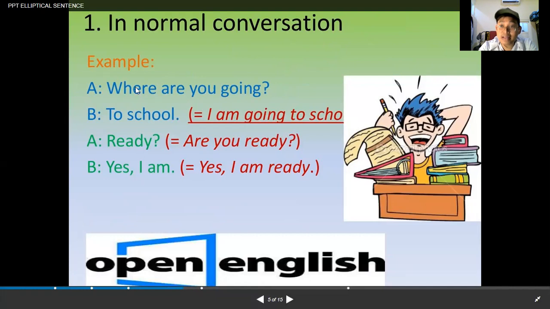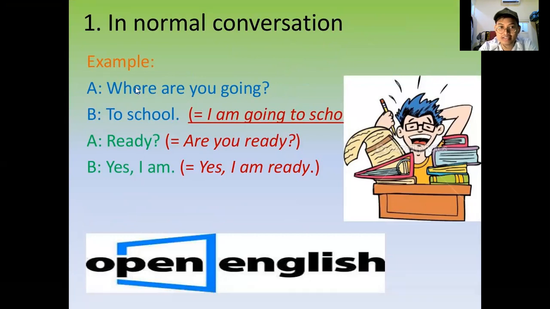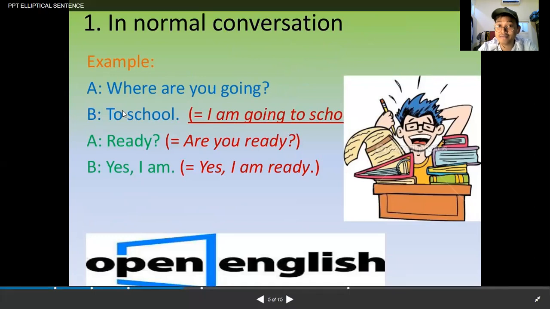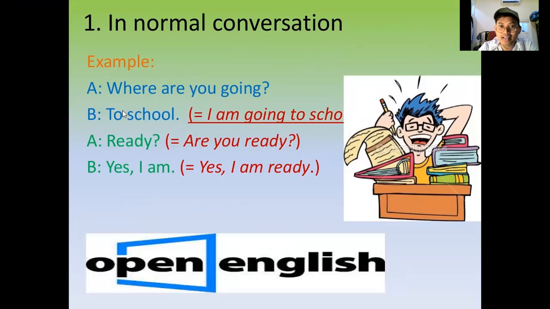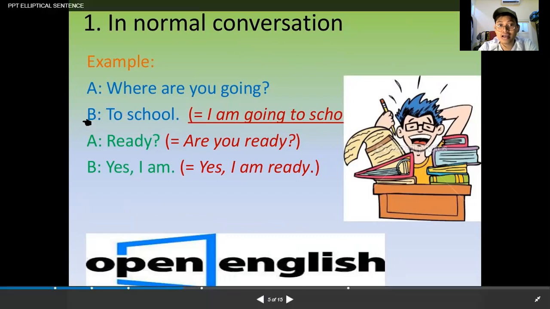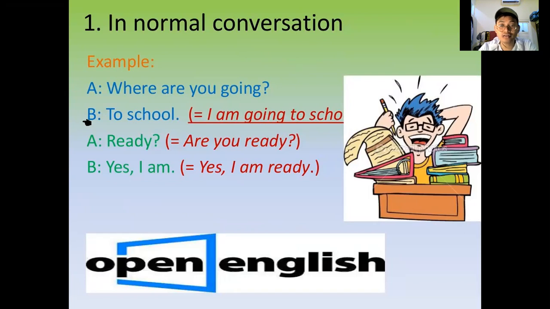But the rest of the responses are elliptical sentences. To school. It's a very short answer, right? It's supposed to be I'm going to school. That's the long version of the answer. But instead, we usually answer by saying, to school. That's all, to make it short, to make it brief, to make it very fast.